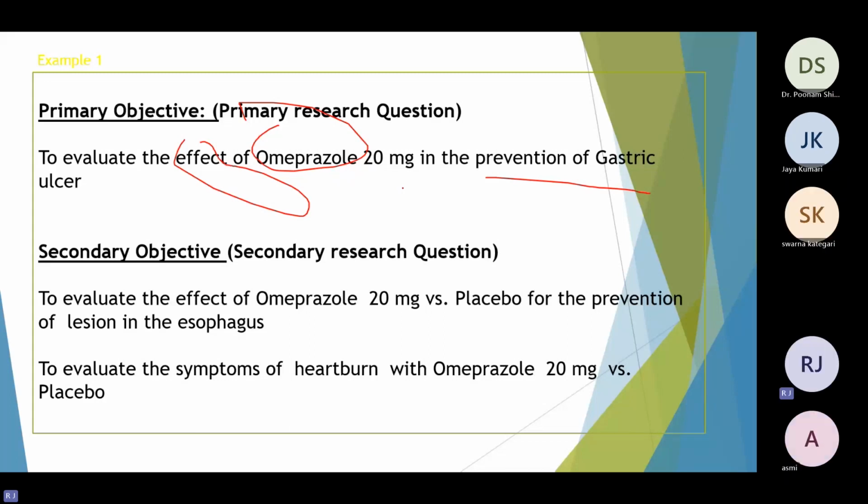But along with this primary goal, I can do some other things also, right? Anyway, I'm doing the clinical trial. I may have some other questions in my mind that I want answers to. So my secondary objective might be that I want to see whether my drug can prevent lesions in the esophagus or not, and whether my drug can show some effect in reducing the symptom of heartburn or not.